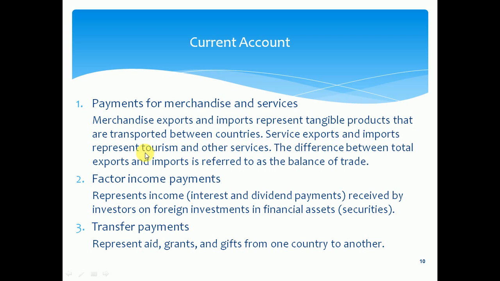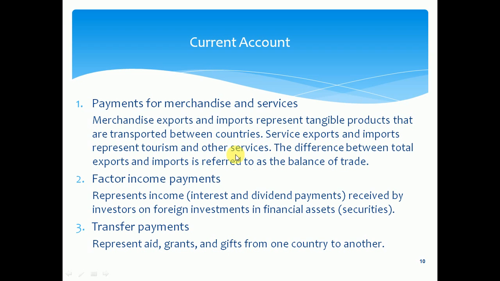The biggest item in services is tourism. People from other countries come to visit Afghanistan, so they are spending money here. And if the people of Afghanistan go to other countries, they spend money in those countries. So there is a flow of funds because of tourism. And there are other services: banking services, education services.